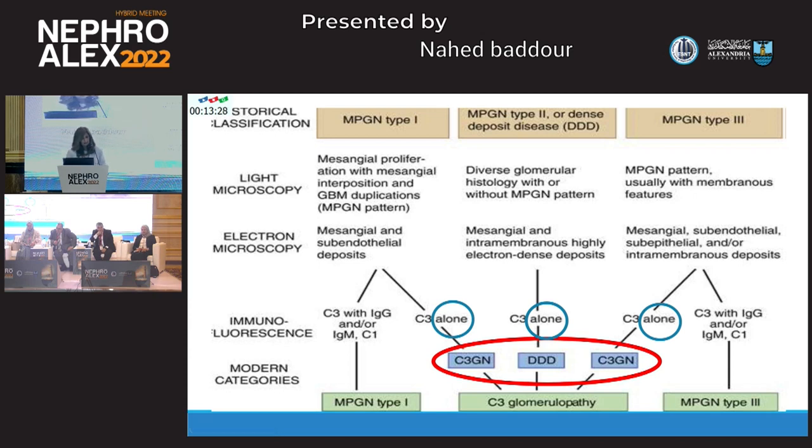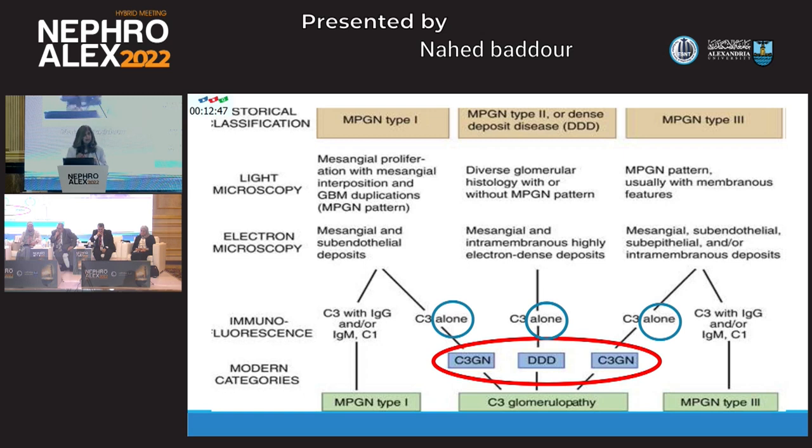Now, with advancing understanding of the role of complement, alone is really not that strict. Alone means there's nothing else but C3, meaning that the immunoglobulins have to be negative. This is not the case, because with advancing understanding of the role of C3, we know that we can have immunoglobulins in the glomerulus, but the upper hand or the greater density of the deposits is actually C3.